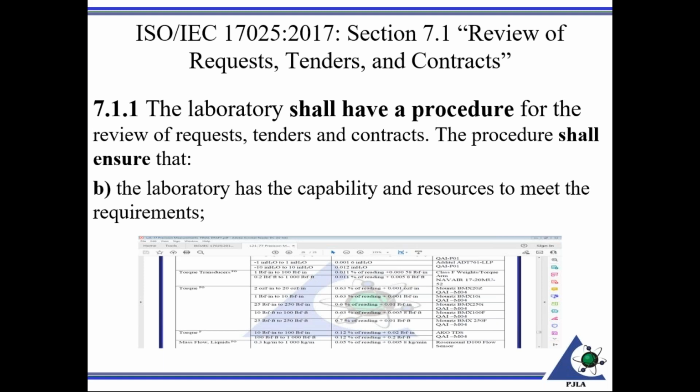Also, perhaps your customer has specific requirements as far as a statement of compliance or tolerances. Are you able to achieve the required uncertainty to determine whether or not the customer's artifacts are within a specific tolerance? So you have that capability based on your range and your CMC, if the work is coming under your scope of accreditation.